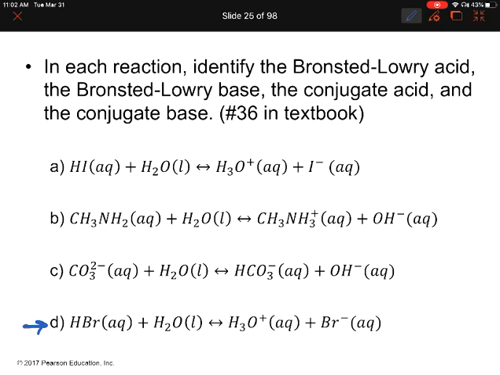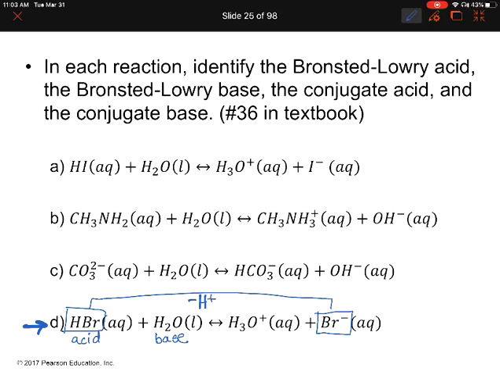We have hydrobromic acid and water. So HBr is the acid, and that must mean that water is the base. And if we look at our products, HBr should pair with the bromide ion. And we've lost a hydrogen in this case.